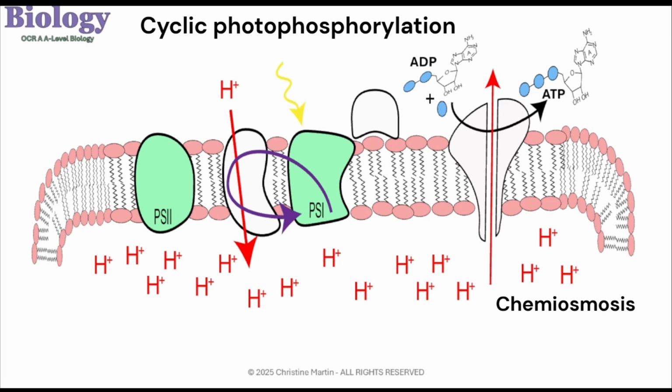That is chemiosmosis. So once the light-dependent reaction has occurred, we can either end up with ATP molecules, or if it's non-cyclic photophosphorylation, it's ATP and reduced NADP.